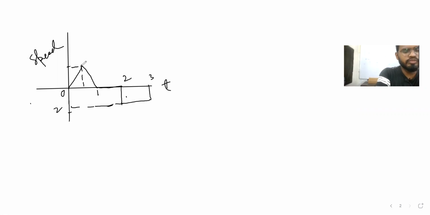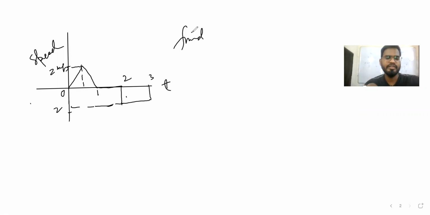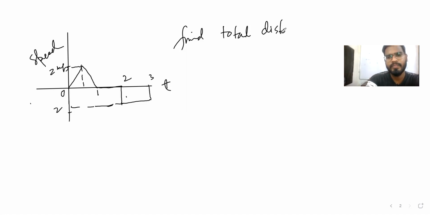This is 2, and this is also 2 meter per second. Now they're asking to find the area. Find area means distance. Find total distance covered from 0 to 3 seconds.